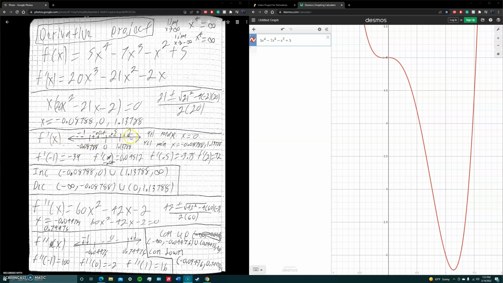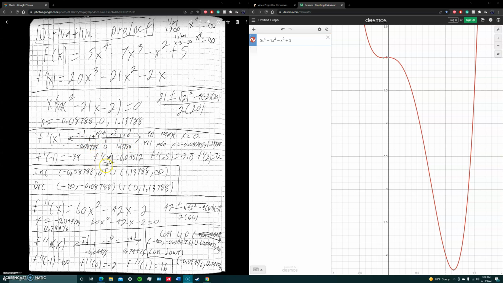Now, for the first derivative, it can be shown here that the three extremes are at different distances, but I was able to plug in numbers for the first derivative for both values that are higher and lower than the 3. Like the first one that I chose, which was negative 1, it gave me negative 39, meaning that it was a negative for the first derivative behind my first extremum.